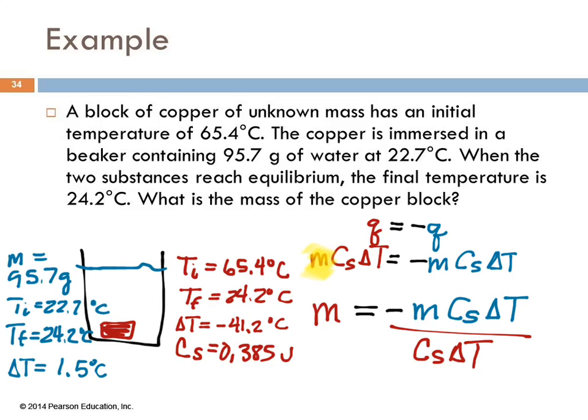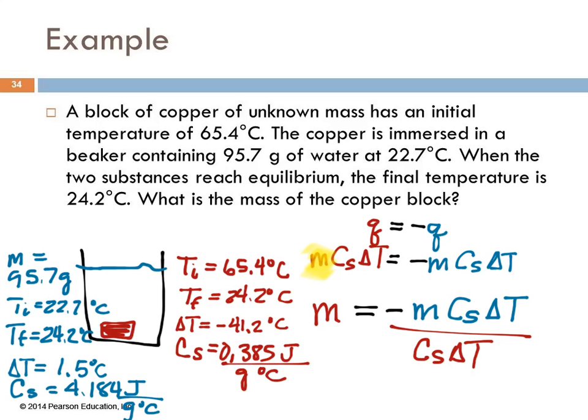Joules per gram degrees Celsius. The specific heat capacity of water is 4.184 joules per gram degrees Celsius.